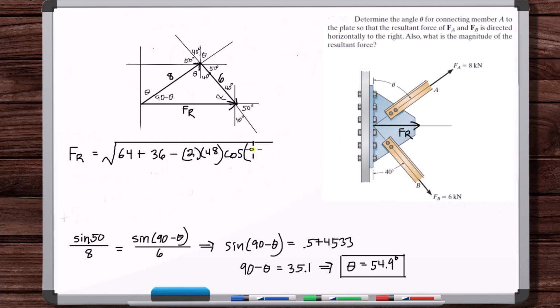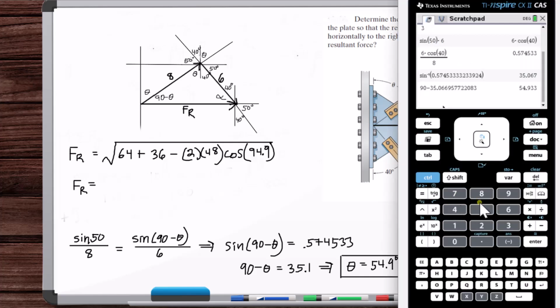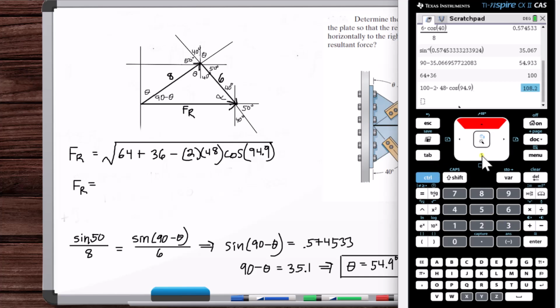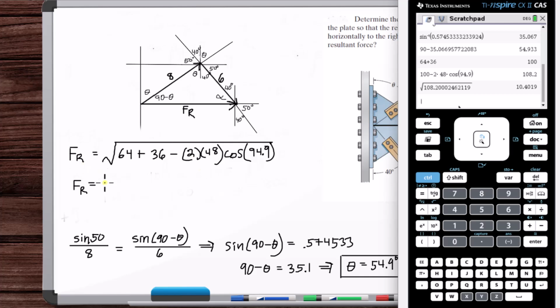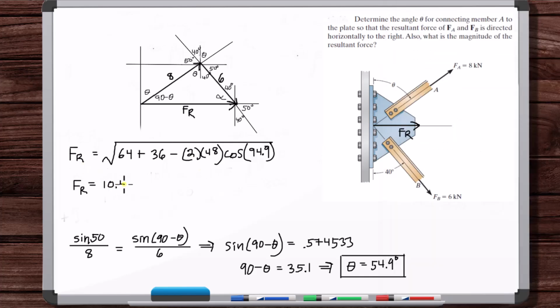That's 94.9. All right, now FR is 10.4, and that is kilonewtons.